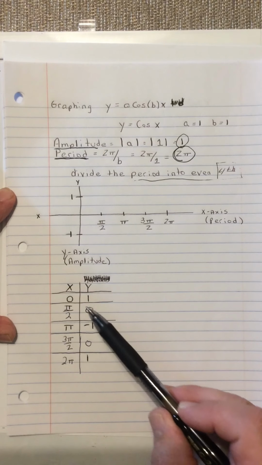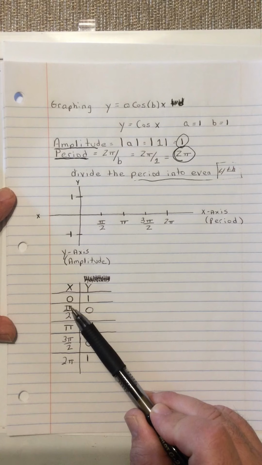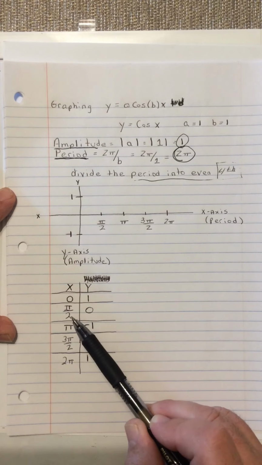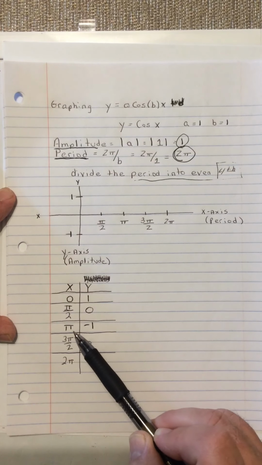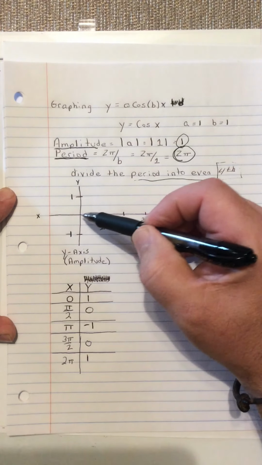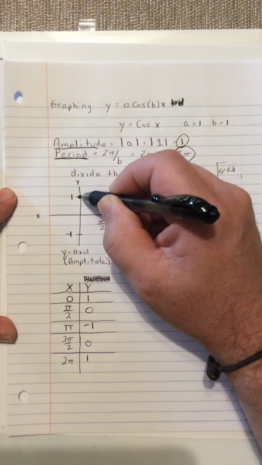Okay. Then down here at the bottom, I actually made an XY table. And from my unit circle, if x is 0, y was 1. If x was pi over 2, y was 0. Pi, -1, and so forth. So for cosine, if my x value is 0, my y value is 1.